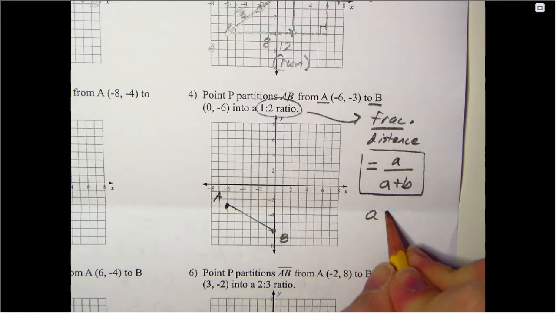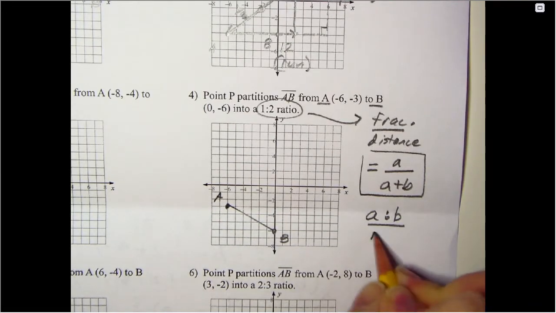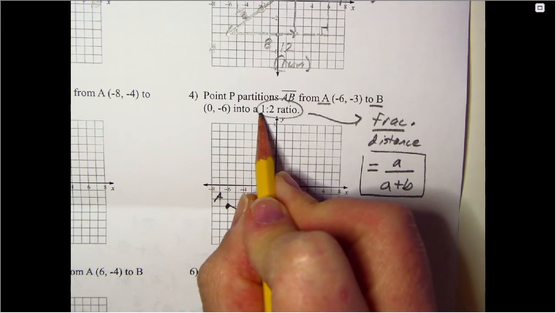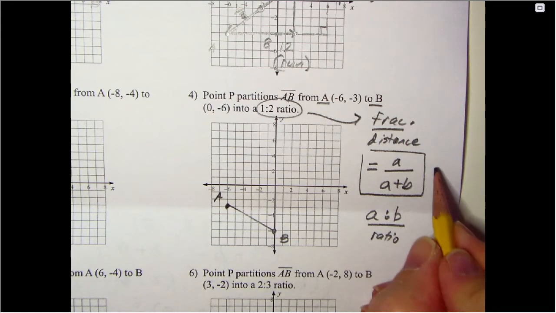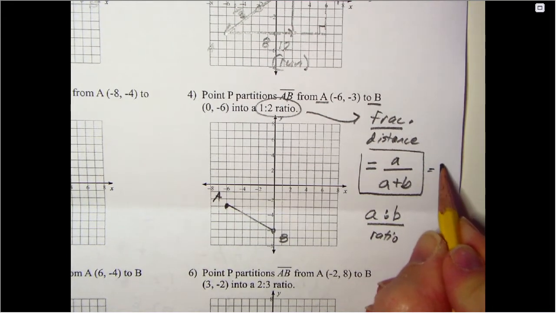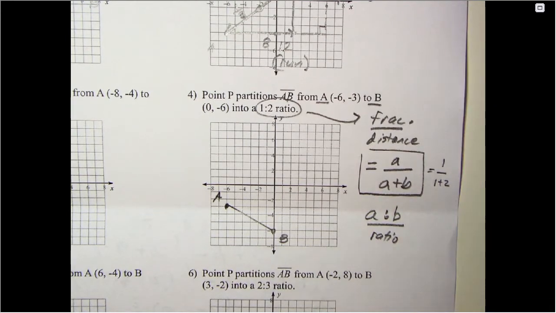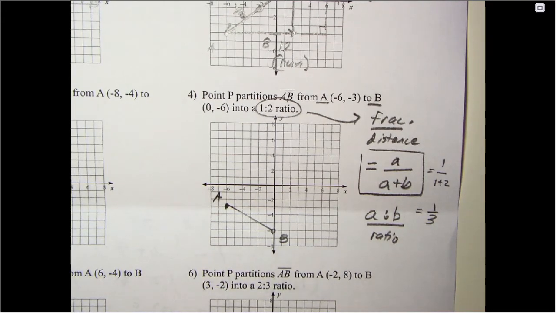A and B stand for the corresponding parts in your ratio. So when we have a ratio here, the first number is A, the second number is B. So to find this fractional distance in this problem, we're going to plug in 1 over 1 plus 2. All right, so my fractional distance in this problem is going to be 1/3.